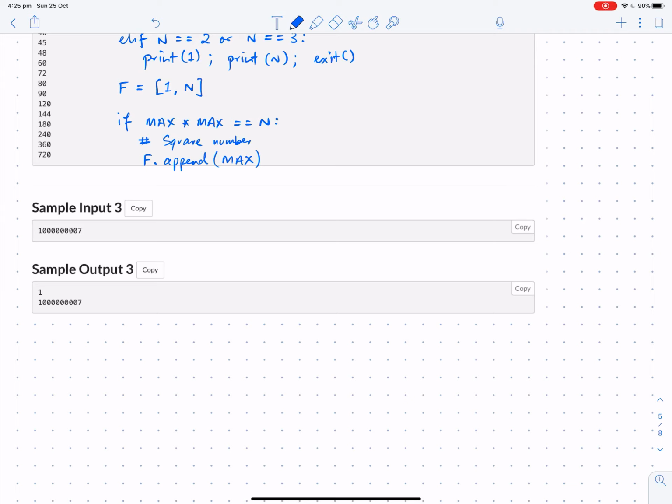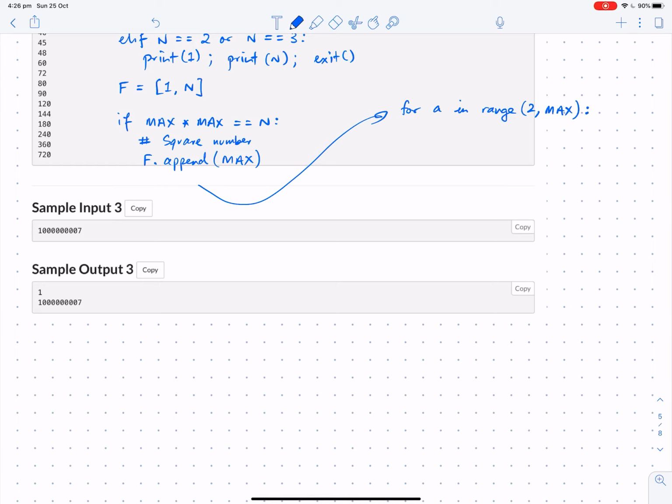Okay, and so now what I'm going to do is say for a in range. Now, what do we want our range to be? We're not starting at 1 because I've already put 1 in the factor list, so we're starting at 2. And I'm going to go up to, but not including the max, because if max is a factor, I've already dealt with that.